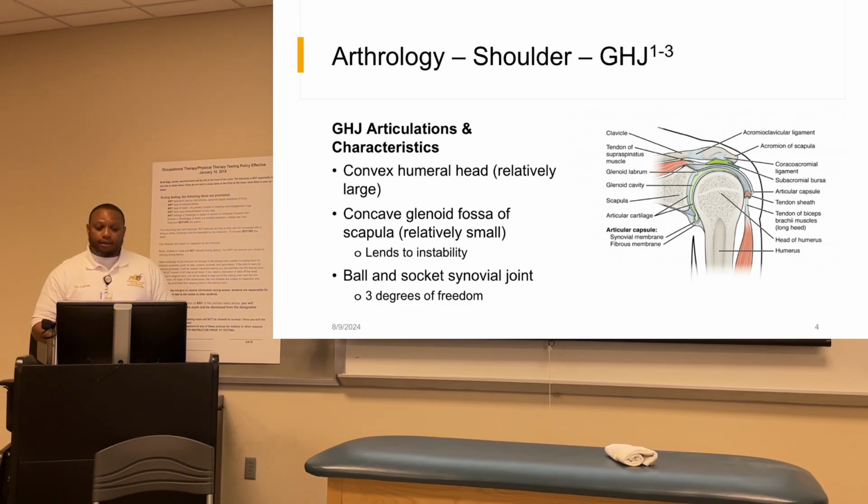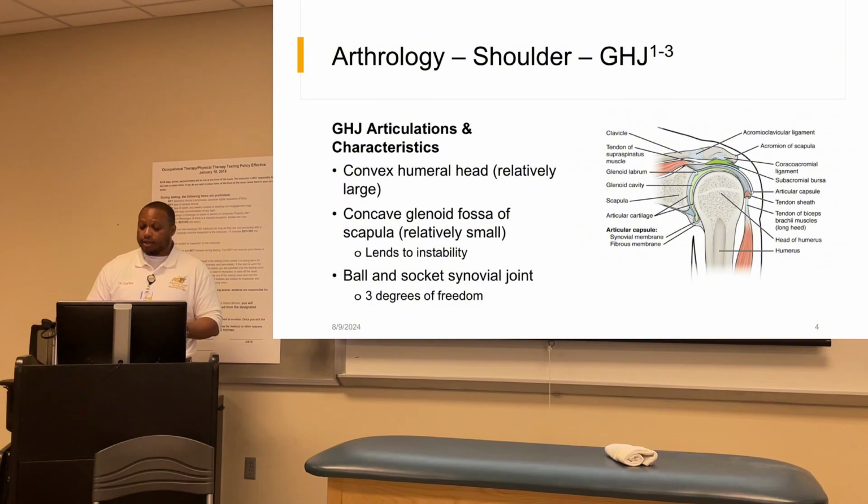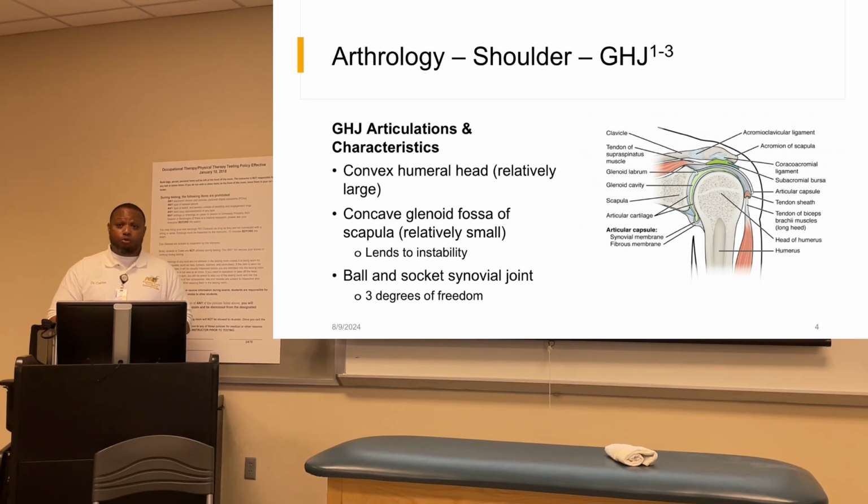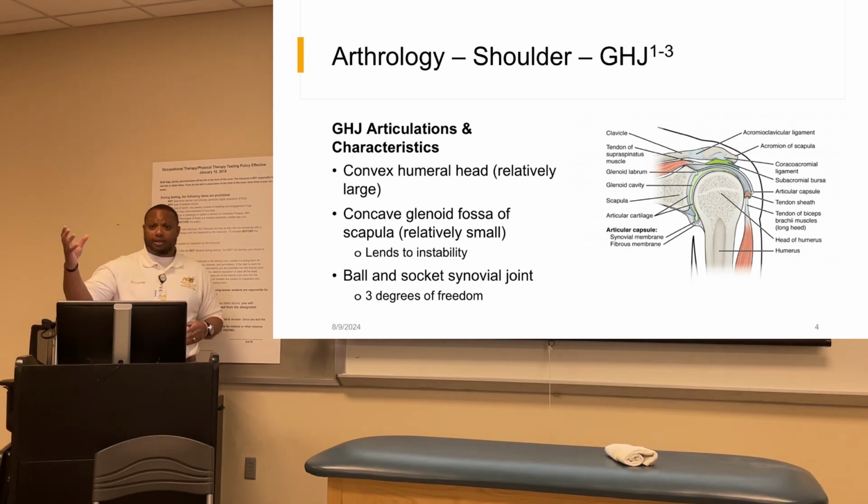So we know that the convex humeral head moves on the concave glenoid fossa of the scapula with open chain movements. What do I mean by open chain movements? When our upper extremity is free, moving in space. So that is considered open chain. We're going to learn the orthokinematics according to open chain movements.